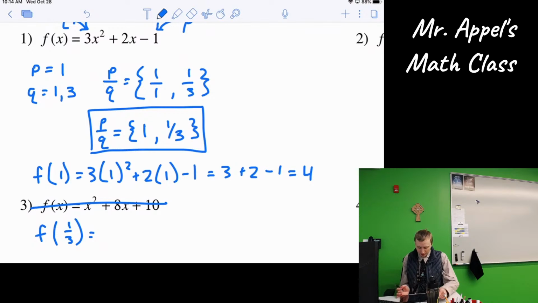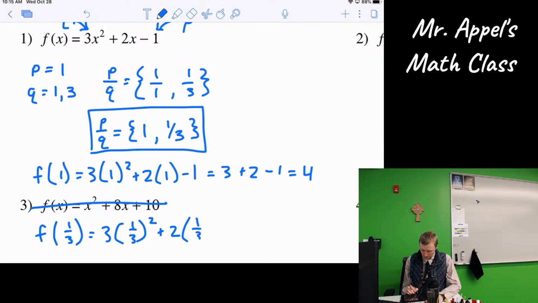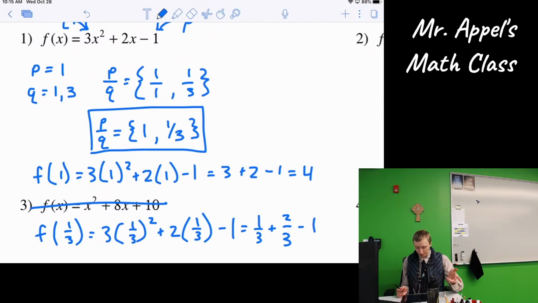Should hope so. f of 3 times 1/3 squared plus 2 times 1/3 minus 1 equals 1/3 squared is 1/9. 1/9 times 3, so 3/9 is back to 1/3, plus 2/3 minus 1. 1/3 plus 2/3 is 1 whole. Minus 1 equals 0. Yippee, we found one.